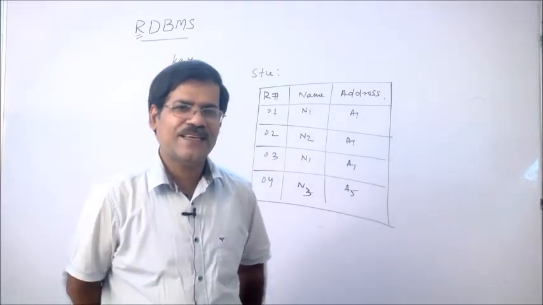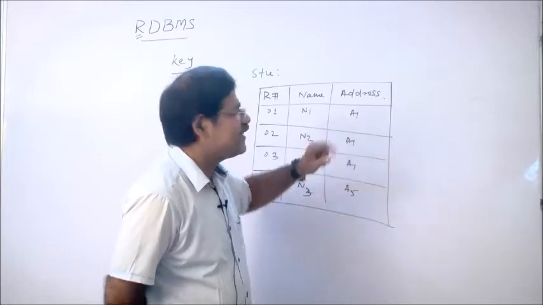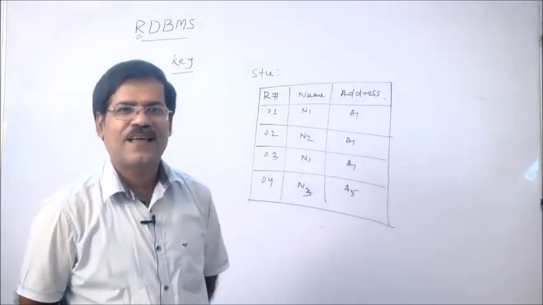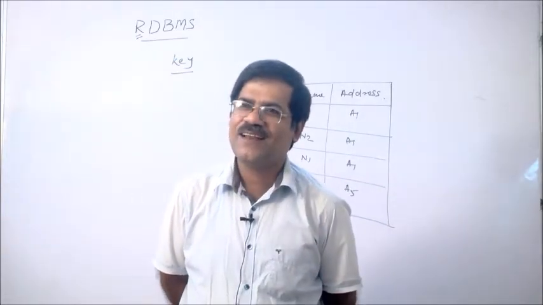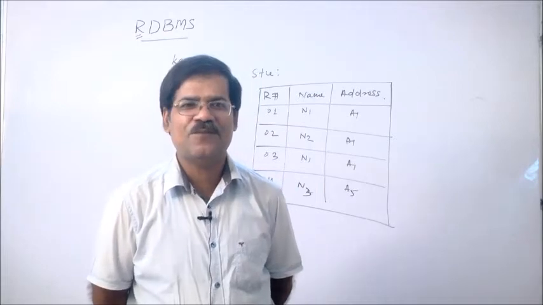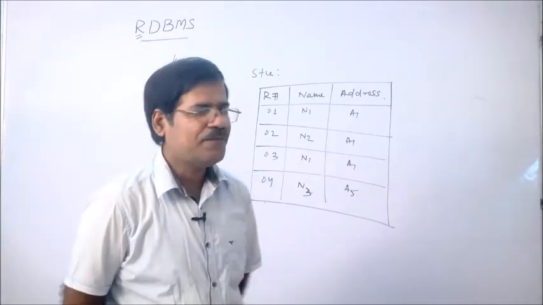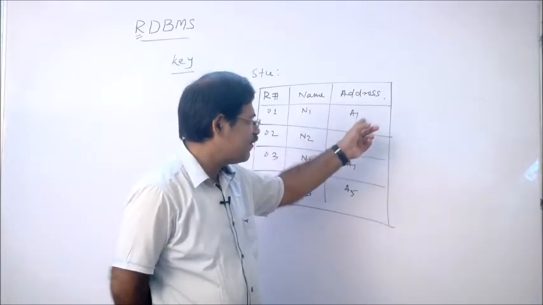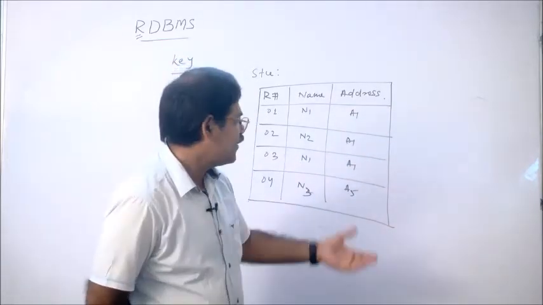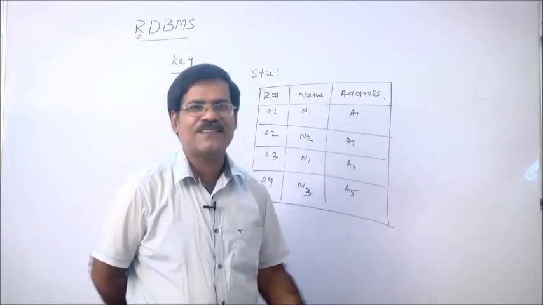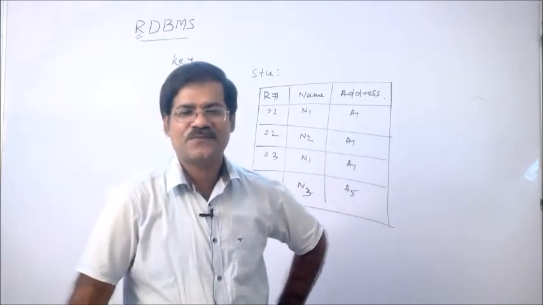Suppose I say whose name is N1, please stand up. If 2 students have the same name, obviously 2 students will stand up. If I say whose address is A1, please stand up, and 3 students have the same address, 3 students will stand up.